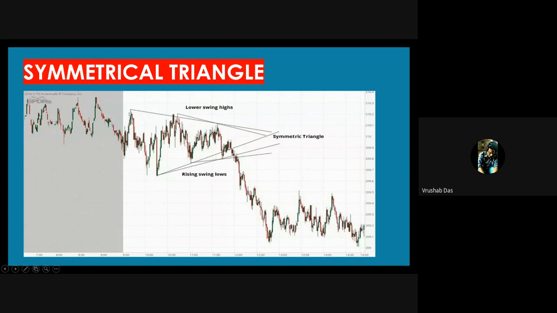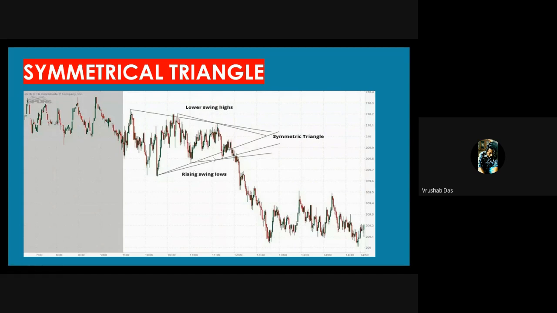And when we're talking about the highs, the highs are getting lower: the second point is lower than the first point, and the third point is lower than the second point. And this is a perfect example of the symmetrical triangle for the stock.